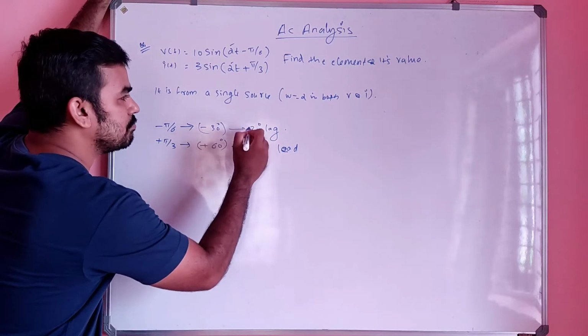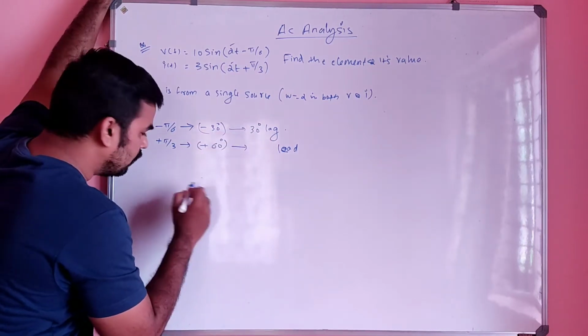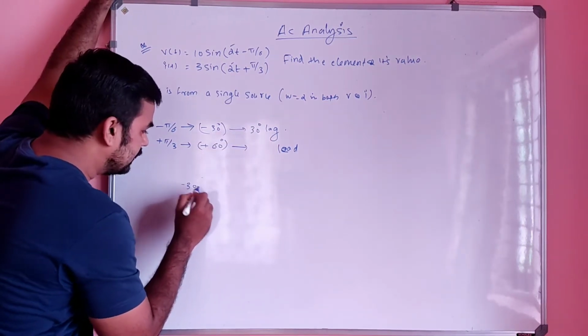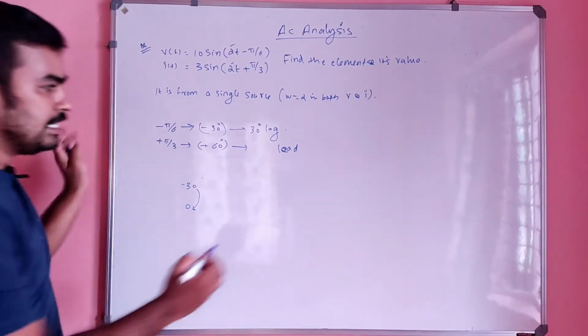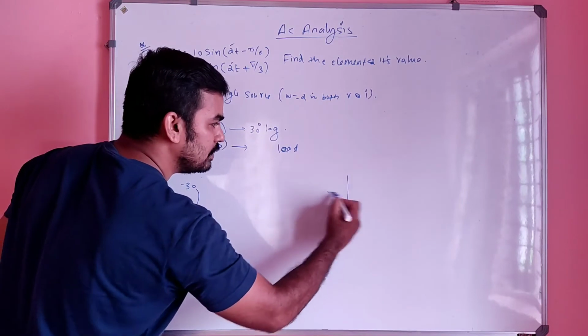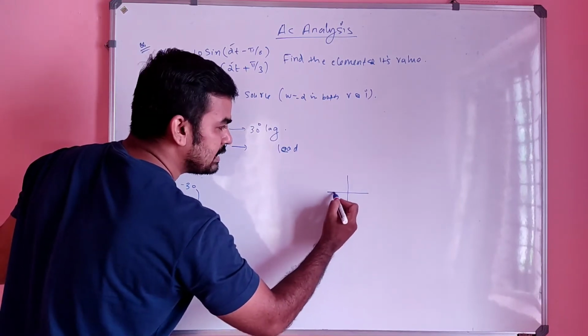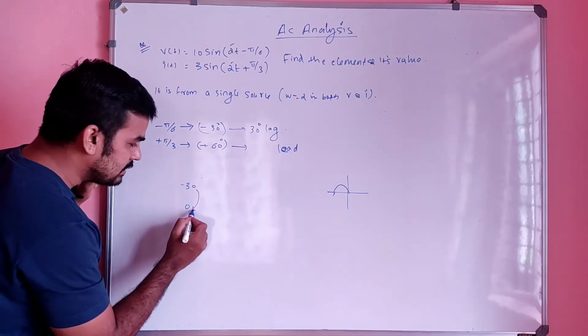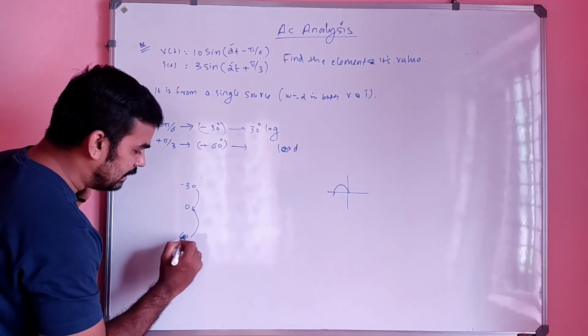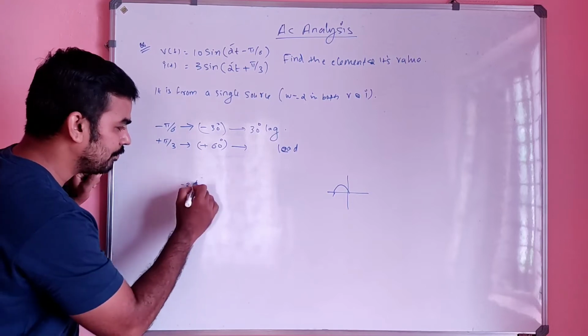Minus 30, this is minus 30, no? So from minus 30, I have to come to 0 first. Minus 30 means left side of the axis, no? So minus 30 to 0 I have to come first. Again 0 to what? 60 degree, plus 60 I have to again come.